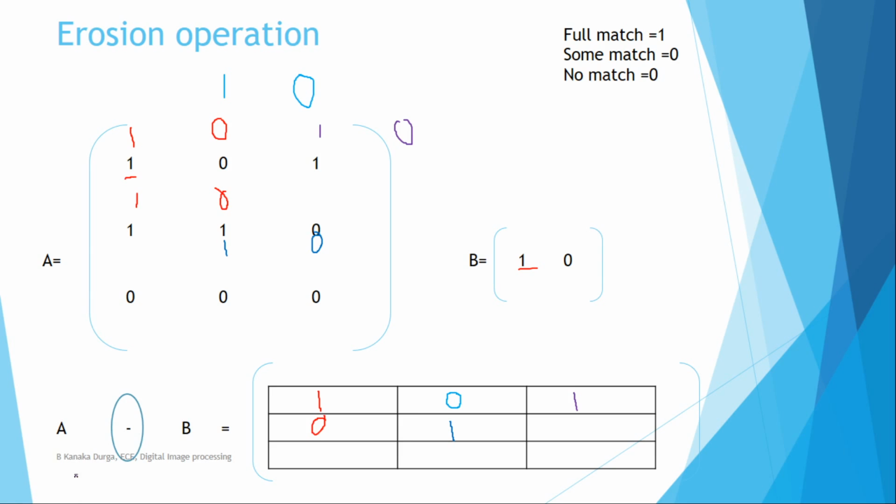Next case, third case, 1 0. For the comparison we have only one value, 1 0 is not matching, so the resultant goes to 0.